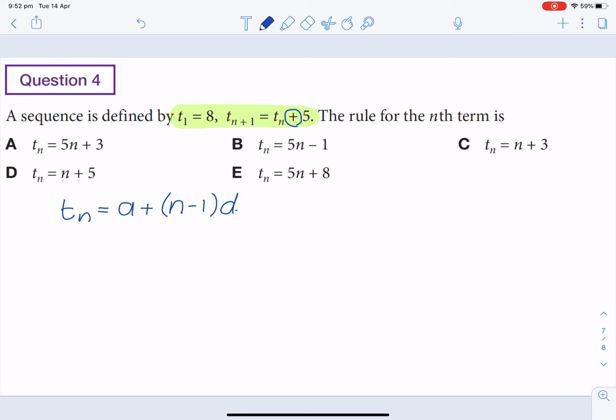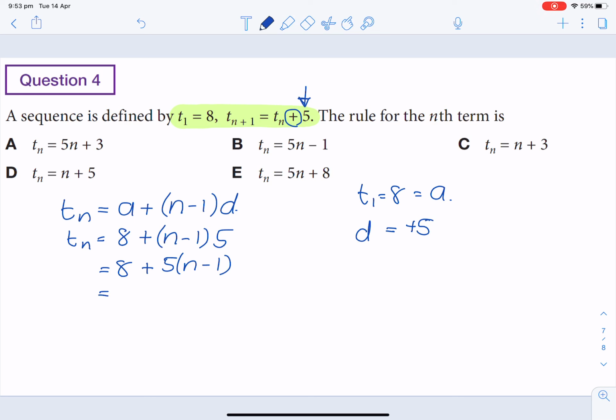All right, t of 1 equals 8 equals my a value. My d value is this plus 5 at the end. So now I need to try and substitute in. T of n equals 8 plus n minus 1 times 5. Rearrange it so it's a little bit neater for me.